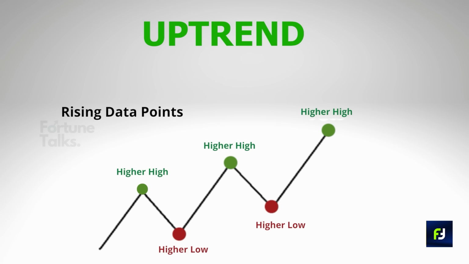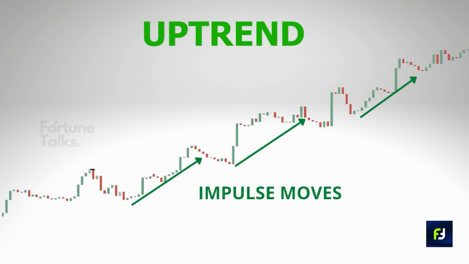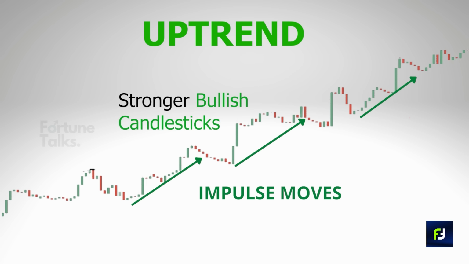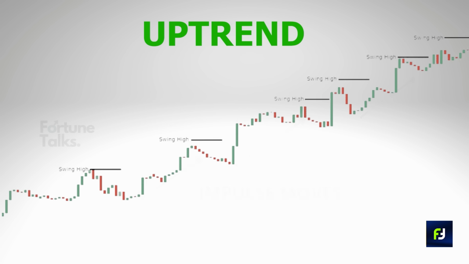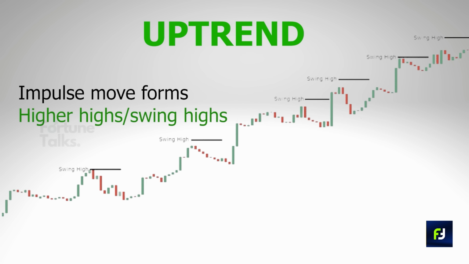By definition, uptrends are marked by rising data points, such as higher swing highs and higher swing lows. So here the price moves up in such a way that the swings also move up, making a recognizable pattern. During an uptrend, the impulse move is a strong up move with a series of strong bullish candles which forms a higher price than the previously formed high.